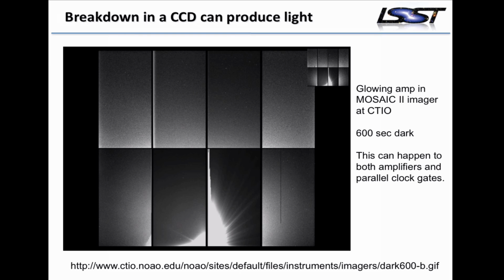This is an example of a glowing amplifier on the old Mosaic imager on the CTIO 4-meter telescope that we used for the ESSENCE supernova survey. This is a 10-minute long dark frame, and you can see there's a lot of light coming from that glowing amplifier. That can happen in amplifiers, and it can also happen at the clocking gates down the side of the array. So taking a long dark to see if anything's glowing is a really good idea.